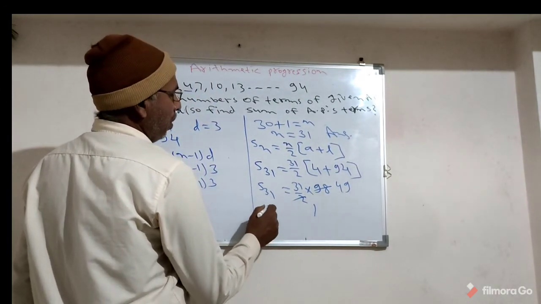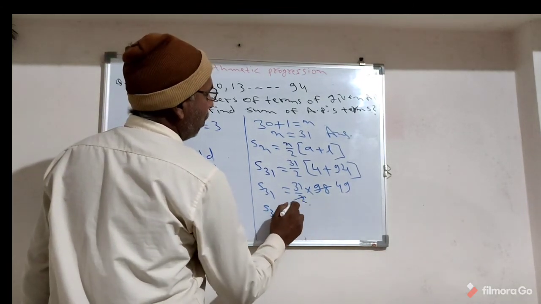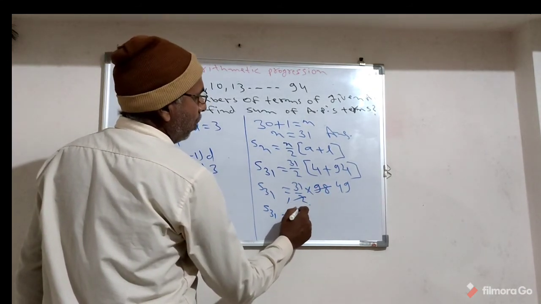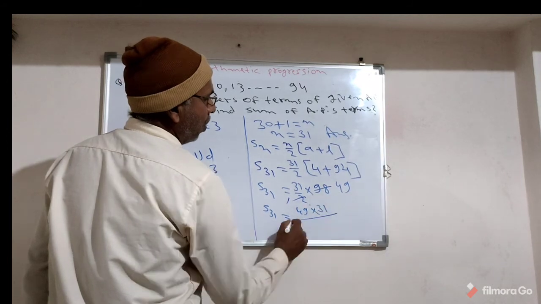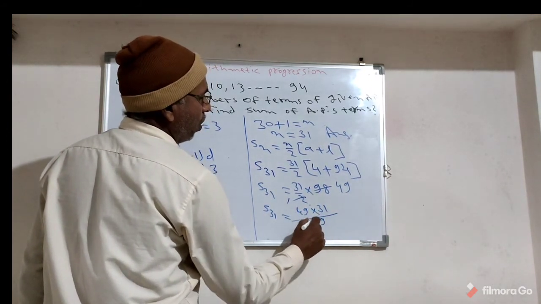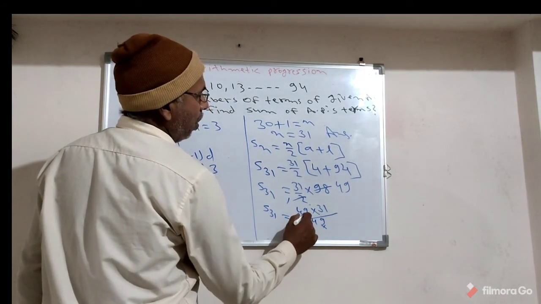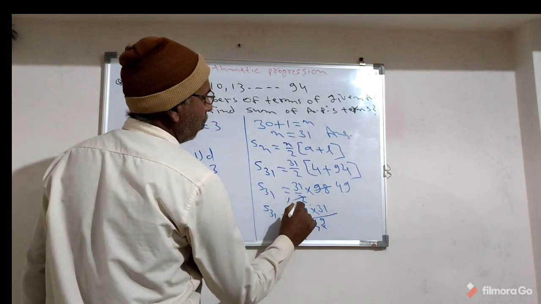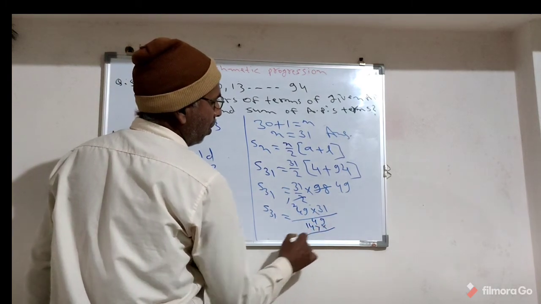Now S31 equals, now we multiply 49 by 31. Then 1 9 is 9, 1 4 is 4, and 3 9s are 27, carry 2, 3 4s are 12, plus 2, how much? 14.